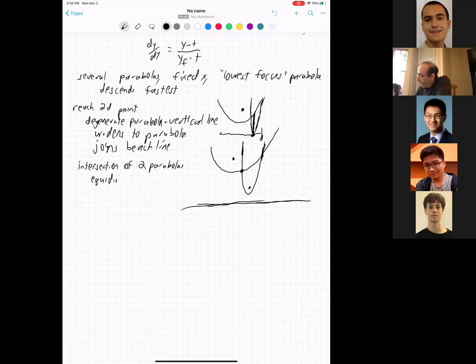Because this intersection is at a particular distance from the sweep line, and since both parabolas are there, it's also at the same distance from both foci. So what are points that are at the same distance from two sites? The perpendicular bisector. Exactly. These are points that are on the perpendicular bisector.